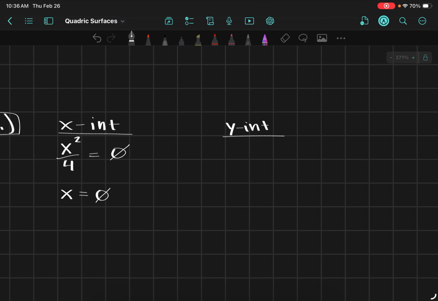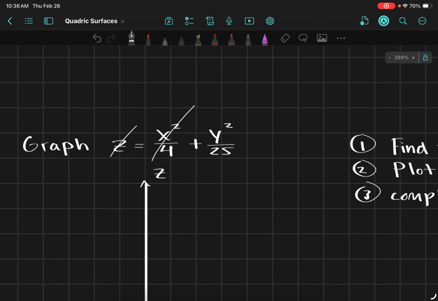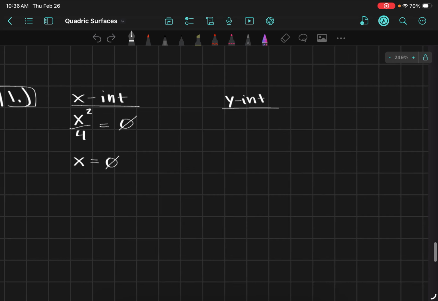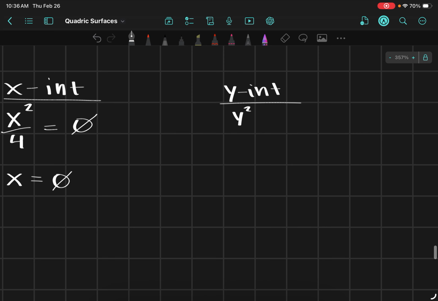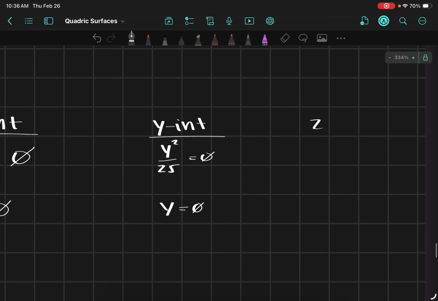Our y-intercept, we are going to set our z and our x equal to 0, meaning our y squared over 25 is going to equal 0. Meaning our y is only going to be 0, that is our y-intercept.